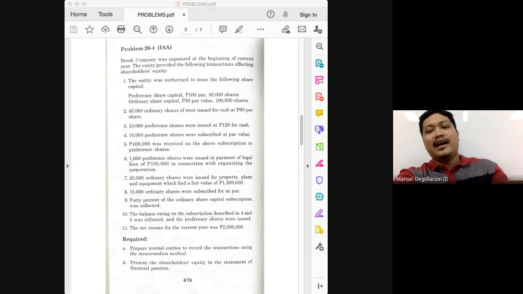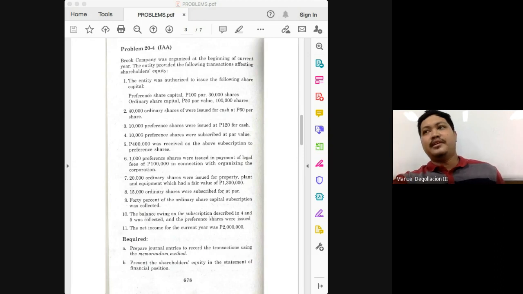But it is not highlighted in this problem because the subscription price was only at par value. Again, the same rule: ordinary share capital, subscribe share capital, preference share capital, and subscribe share capital should be the same. The amount that will enter them should only be the par value. Again, that's a very important rule. Many students would tend to forget that one.